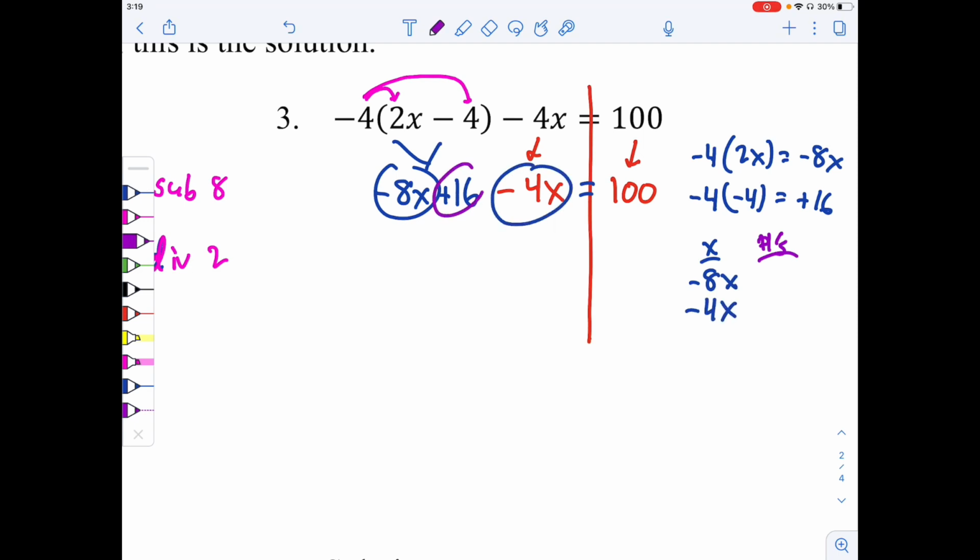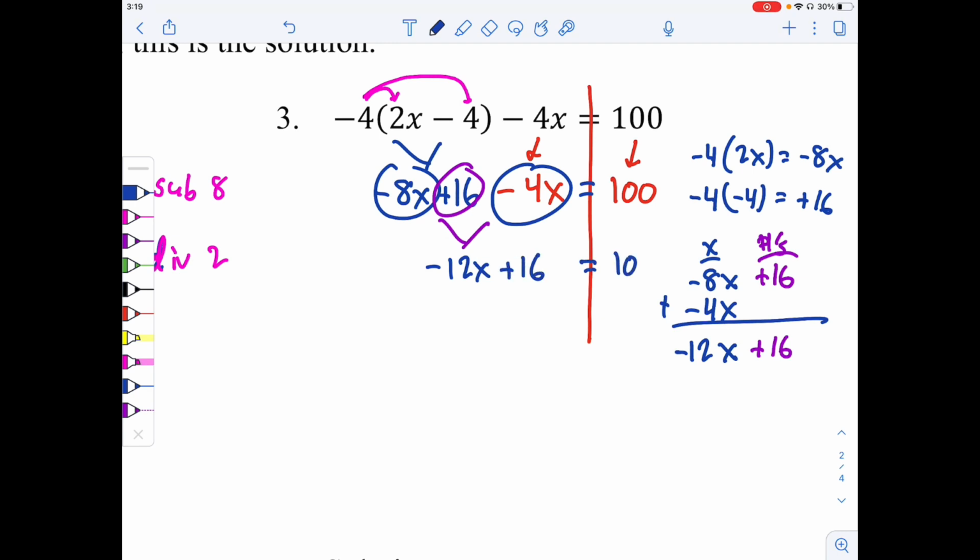Our numbers, positive 16, and those are it. So we just add those together, right? -8 minus 4, or -8 plus -4, -12 x's, and then we have plus 16. So all of this became -12x plus 16, when you combine like terms, equals 100 still.